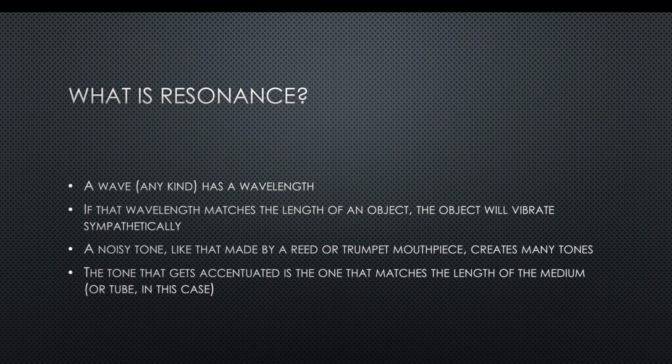Each one is going to have different resonant frequencies. And even though they might all be playing the same note, the harmonics are going to come out differently because of the resonance. And that's what creates all the different timbres and sounds that we associate with speech sounds and musical instruments.